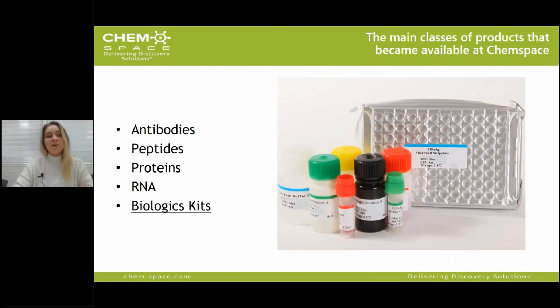And also, to simplify the researcher's life, we decided to add biologic kits to our platform. That's a set of ready-to-use reagents with high selectivity and sensitivity to the target. Using kits in the laboratory could significantly reduce workload and time input, and overall decrease the project cost.